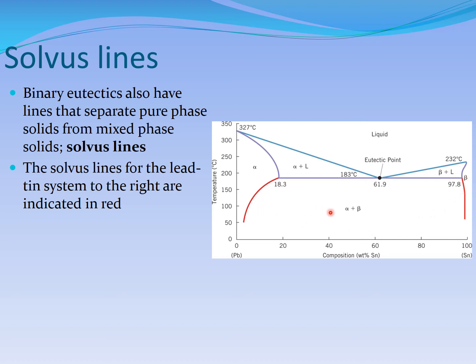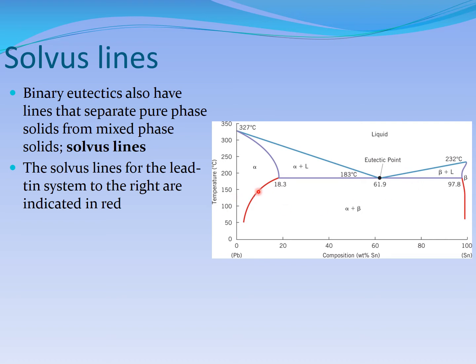So on a eutectic phase diagram, this red line, solvus line, is a new type of line, right? If you remember, in an isomorphous alloy, there is liquidus above and there is solidus below. But here, there is liquidus and solidus. This is liquidus, this is liquidus. This purple is solidus.